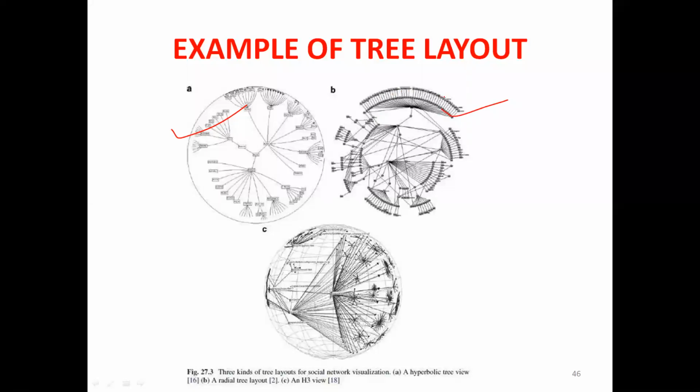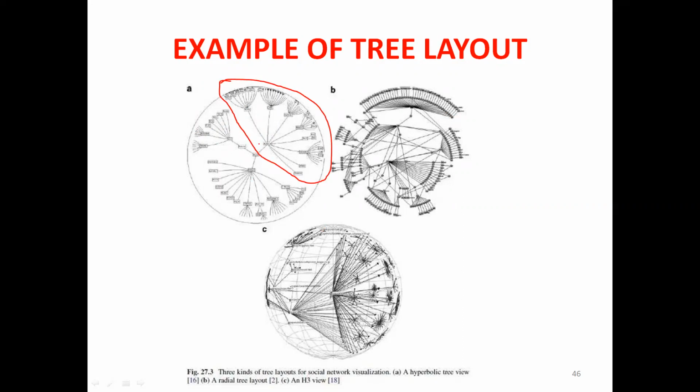The nodes are touching the circle. It is in a circle format. When you take this first diagram, you can consider that it looks like a tree. I am just making a partition of this network.